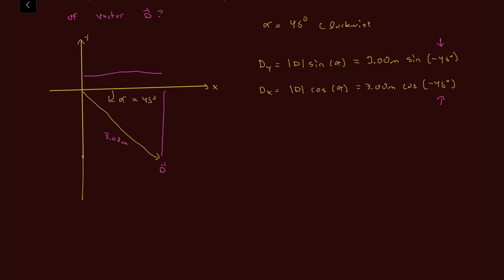However, an angle of negative 45 degrees clockwise is the same as saying an angle of 315 degrees counterclockwise. And all I did there was say 360 degrees minus 45 degrees is equal to 315 degrees.